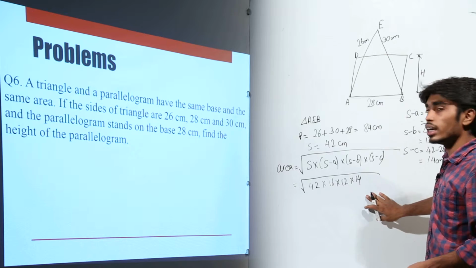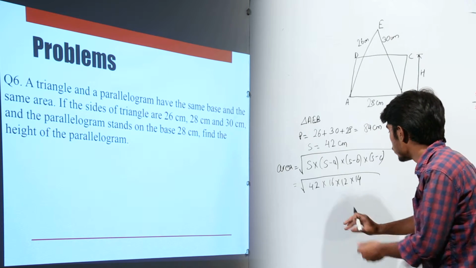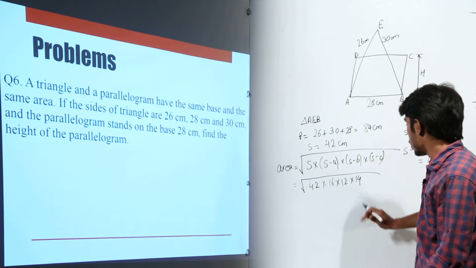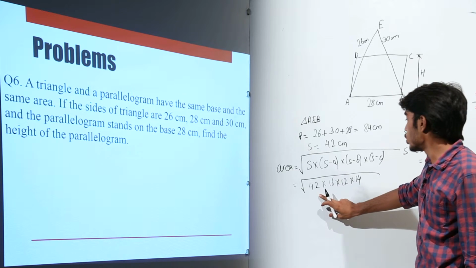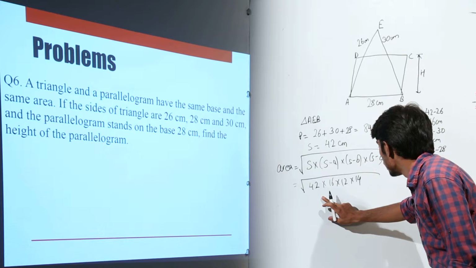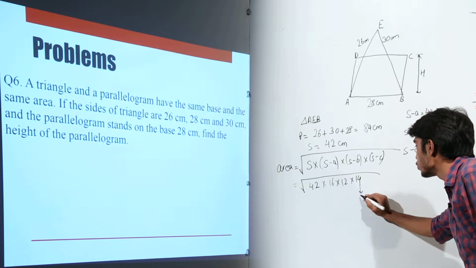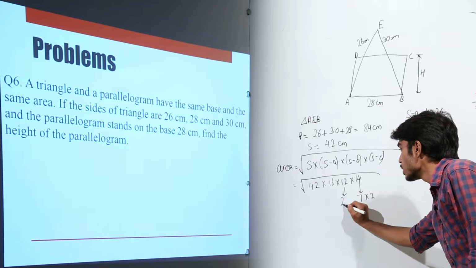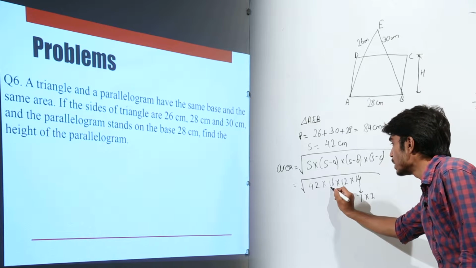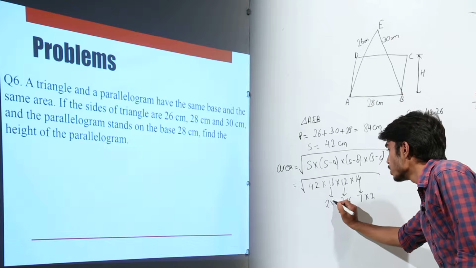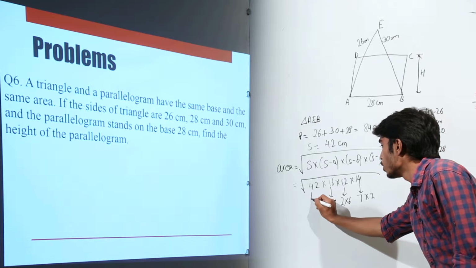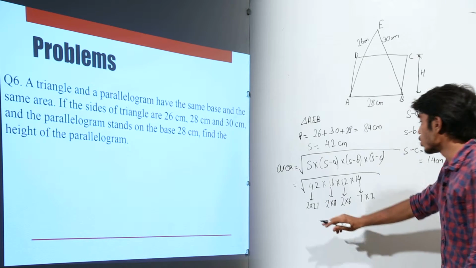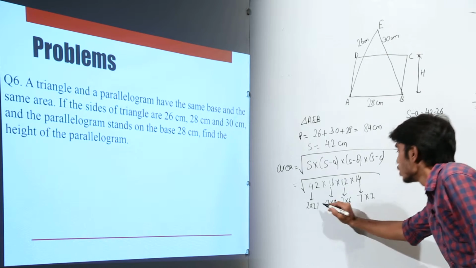Now to multiply this is a very difficult task, and as we have already studied, we will employ another technique. We can write 14 as 7 into 2, 12 as 2 into 6, 16 as 2 into 8, and 42 as 2 into 21. So we got too many 2's in this.